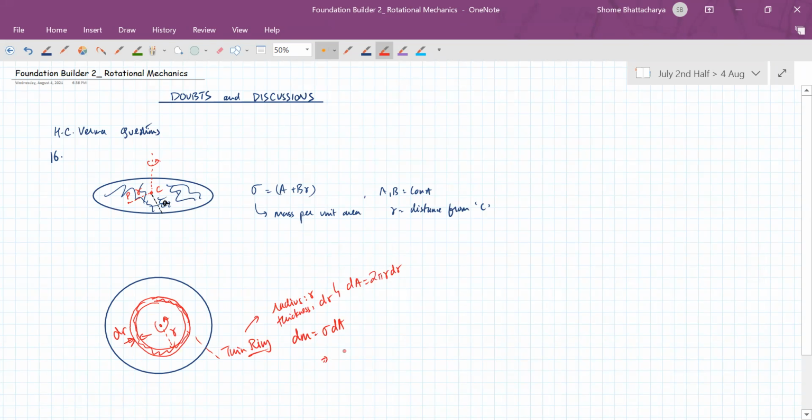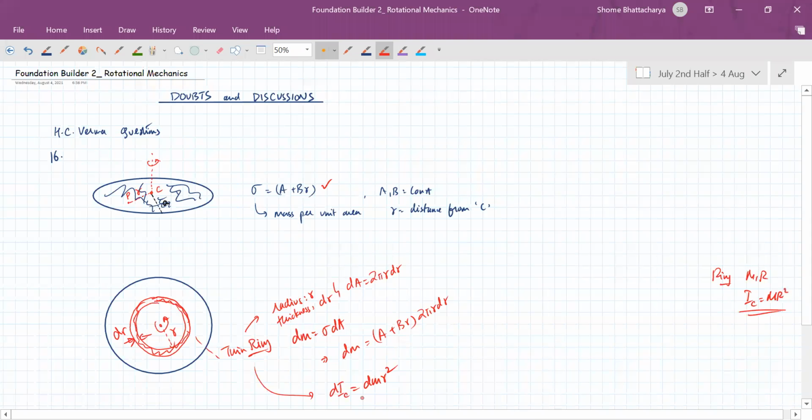So this dm becomes, using this value of sigma, (A plus Br) into 2 pi r dr. Now this thin ring's moment of inertia about the center of mass axis is its mass into radius squared, because we know that the moment of inertia of a ring of mass m and radius r is mr square. We have seen this before as a standard formula. So it becomes (A plus Br) into 2 pi r dr into r square. This is the moment of inertia of that thin ring.